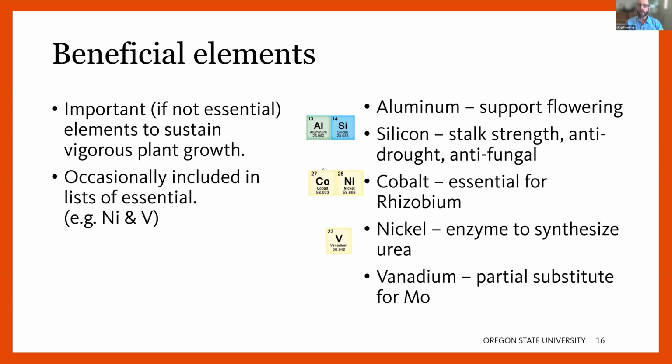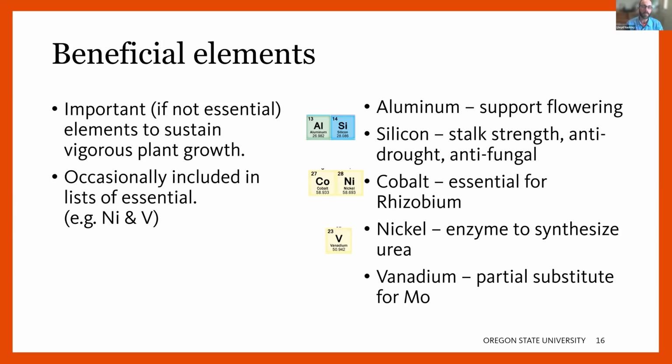So I've listed what these ones do. Aluminum is often used in at least nursery production, especially with hydrangeas to support flowering. Silicon is being used in a number of plant growth experiments for stalk strength, anti-drought, so drought stress abilities, antifungal, so reducing fungal pressure.